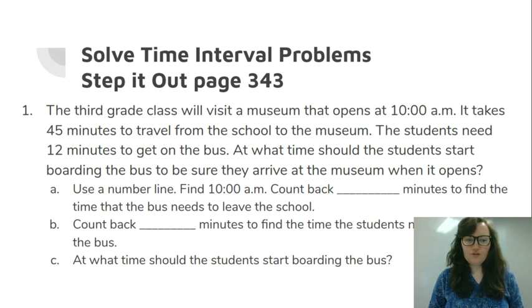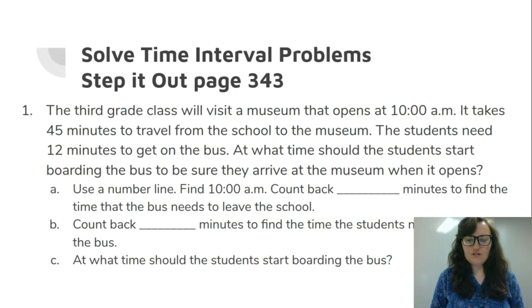Well, first of all, what's 45 plus 12? Okay. 5 plus 2 is 7. 4 plus 1 is 5. So your answer would be 57 minutes. So A is 57.